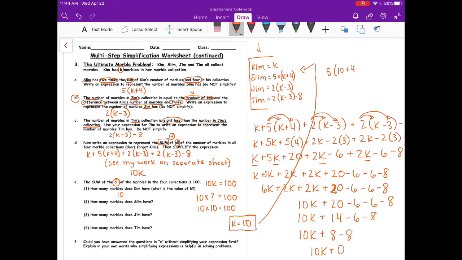Well, I'm just going to plug in 10 for k. 5 times 10 plus 4, 50 plus 20, that's 70. Wow, Slim has a lot of marbles. How many marbles does Jim have? Same thing, just plug in that 10 for k. 20 minus 6 equals 14.